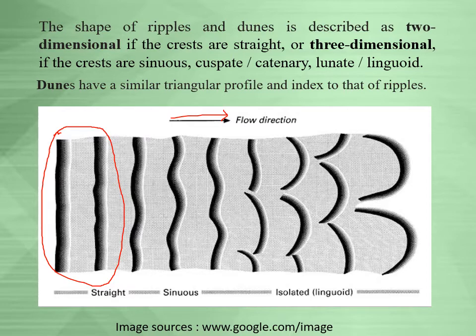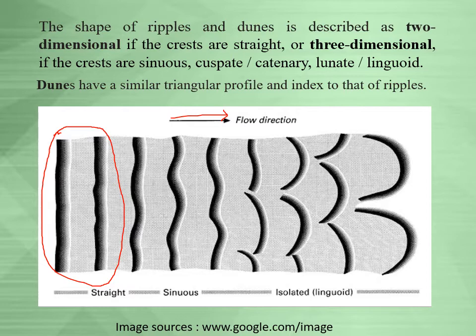Initially it is straight lined, then with increasing velocity or flow energy, the crest lines become sinuous, then catenary or cuspate to lunate or linguoid.